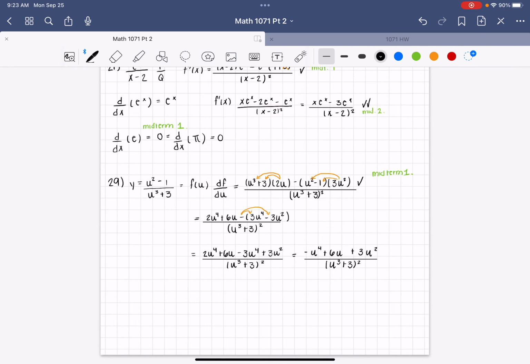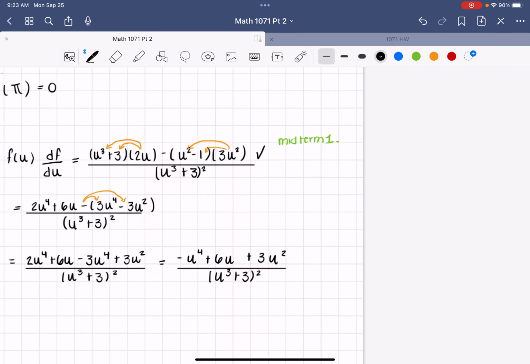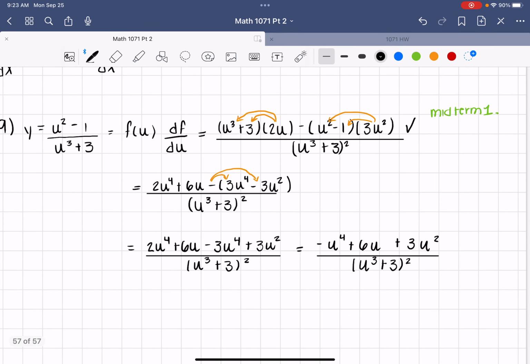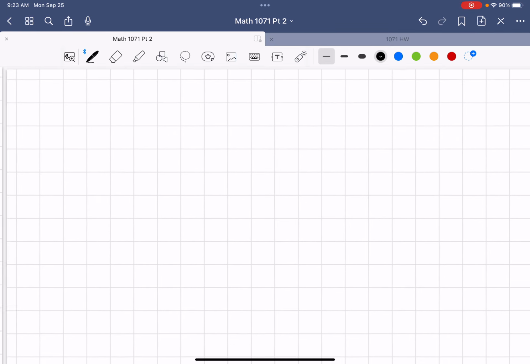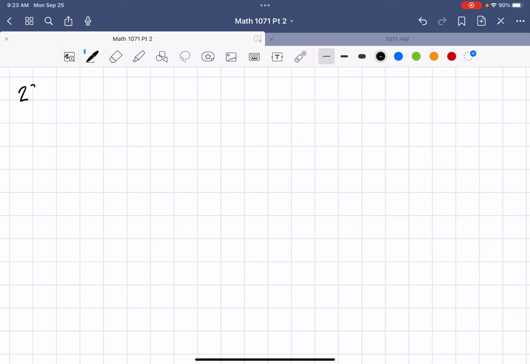I'm going to redo problem 29. Only instead of the letter u, I use the letter x. So the function we're given in 29 is x cubed minus 1 over x squared plus 3.